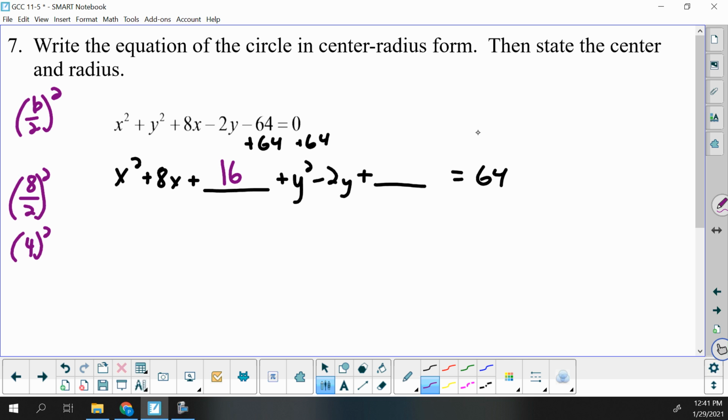We need to balance it off on the other side, so we'll add 16 as well.